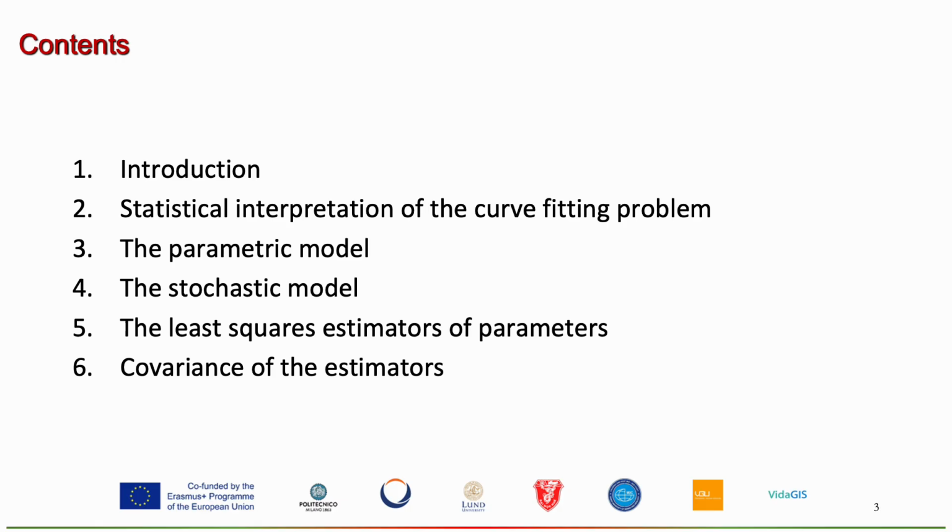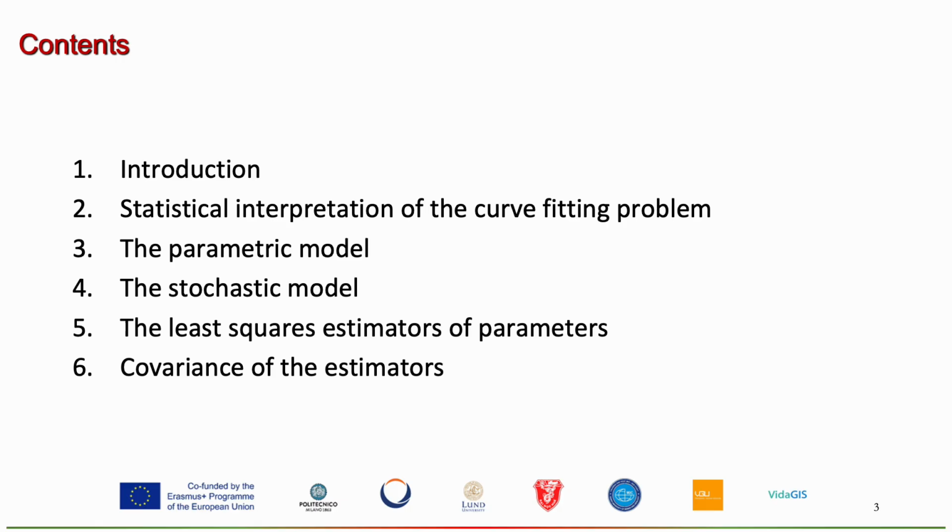I will introduce the general problem. I will give an example of least square application by simply fitting a curve to observations. We will write the parametric model for the general case. We will write the stochastic model for the general case. I will provide you the final estimates of least squares.